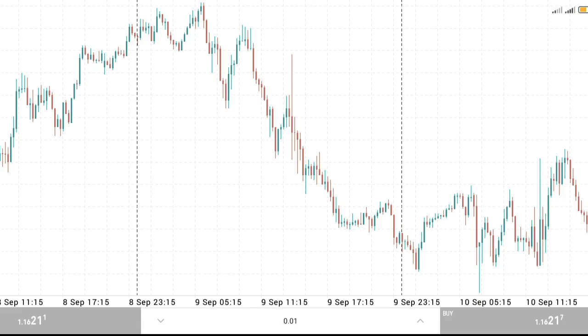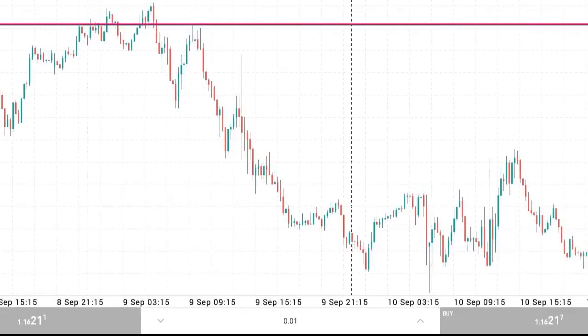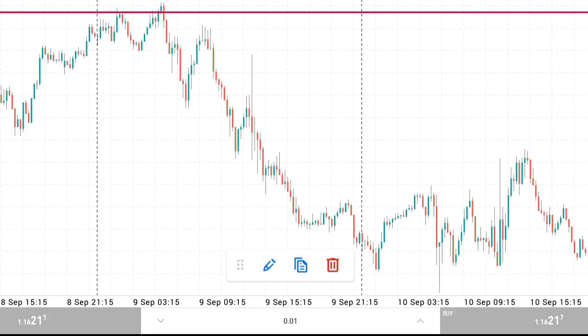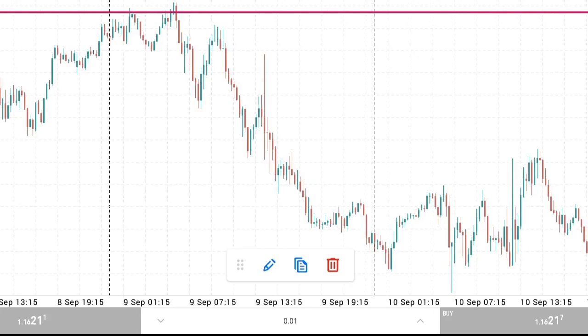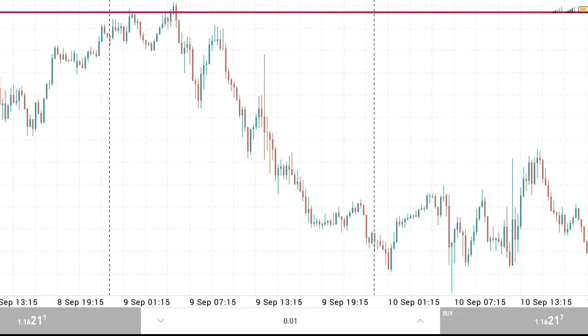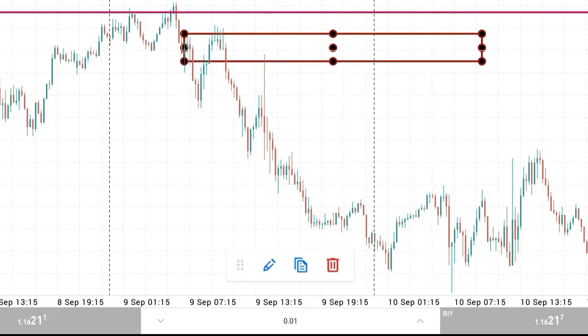This is our resistance zone. This is our resistance zone. This is our resistance zone. And here is our supply. This candlestick supplied it.